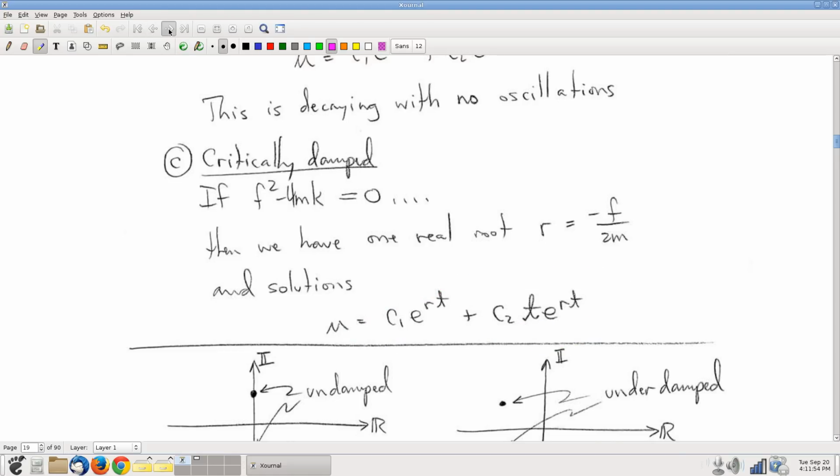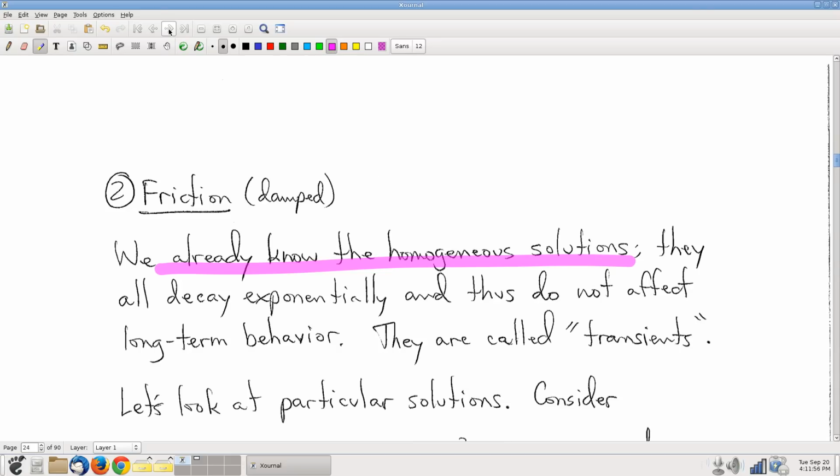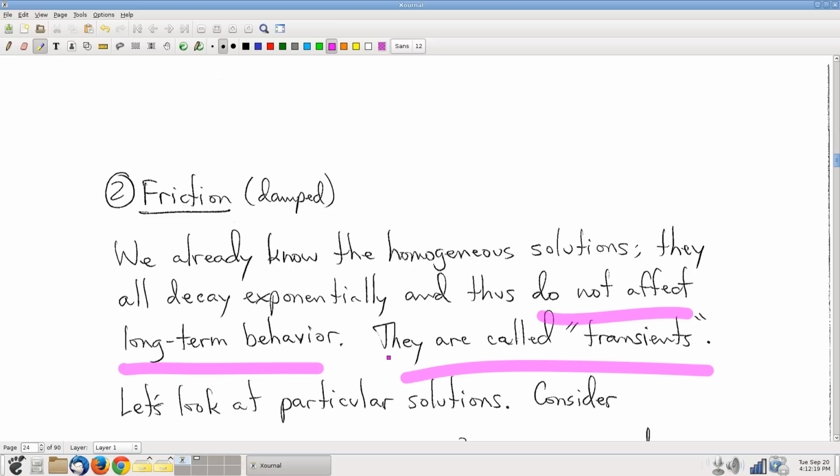So interestingly, not only do we know all of these homogeneous solutions, we know that they all decay exponentially. So in terms of the long-term behavior of a system that has friction and external periodic forces, these homogeneous solutions basically don't matter. They're called transients, and they just don't affect the long-term behavior.